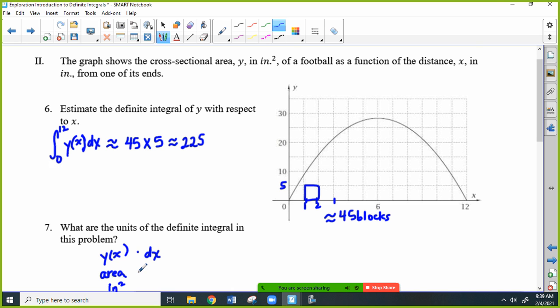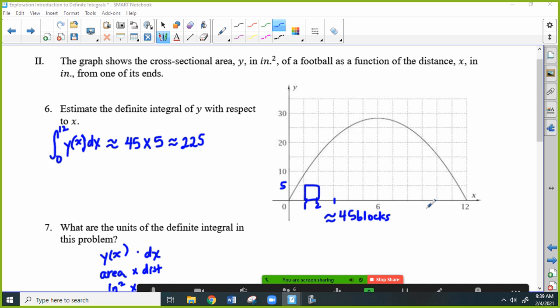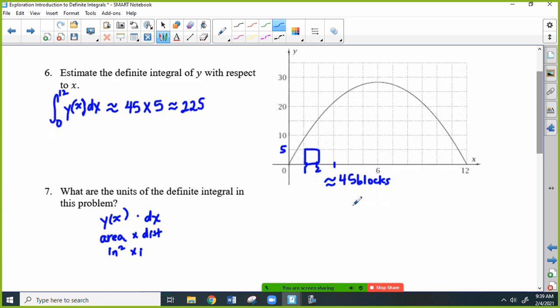Okay? And then dx, that's your distance in x, okay? Well, that's measured, so times distance, that's measured in inches. All right. And so what do we get when we do inches squared times inches?